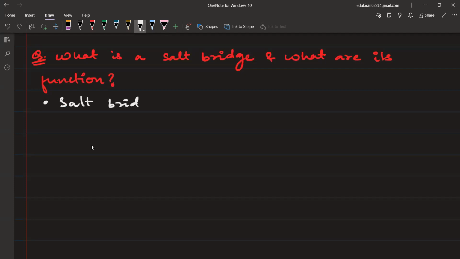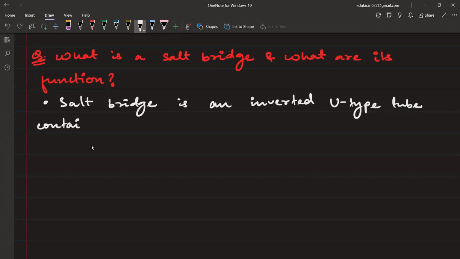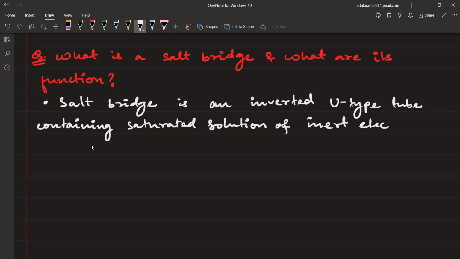Salt bridge is an inverted U-type tube containing saturated solution of inert electrolyte in the form of agar-agar solution.